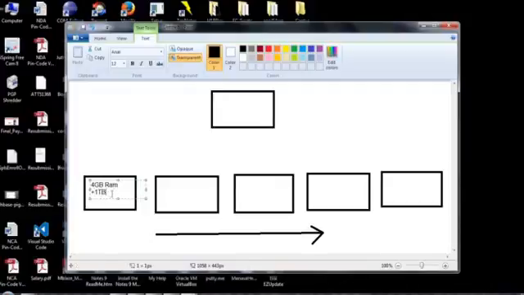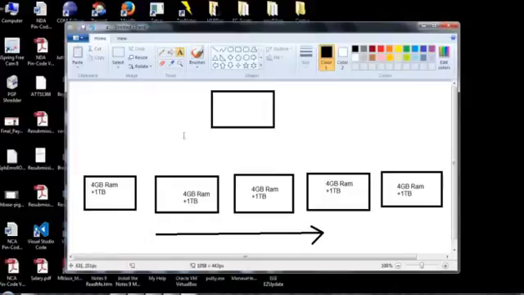It is the same configuration in each and every system, and you are making a master system. That is also nothing but commodity hardware.